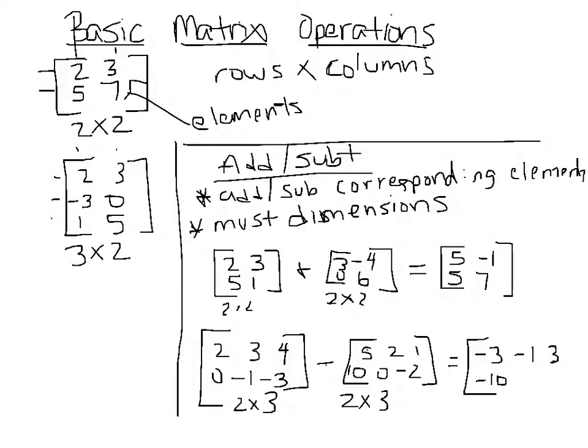We have negative 1 minus 0, which is negative 1. And negative 3 minus negative 2, that minus negative 2 is the same thing as adding 2, which would be negative 1. So my answer matrix would be negative 3, negative 1, 3, negative 10, negative 1, negative 1. That's as simple as adding and subtracting is.